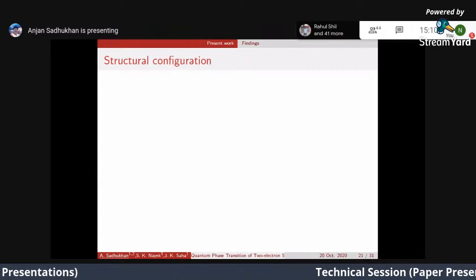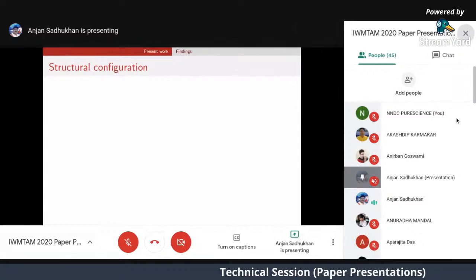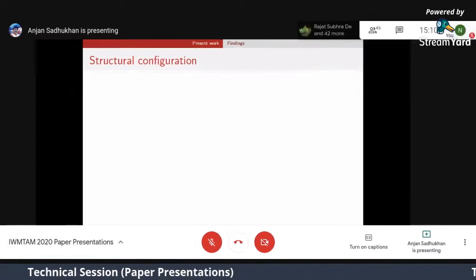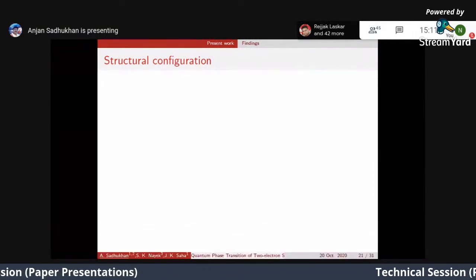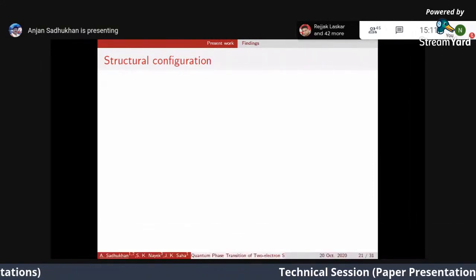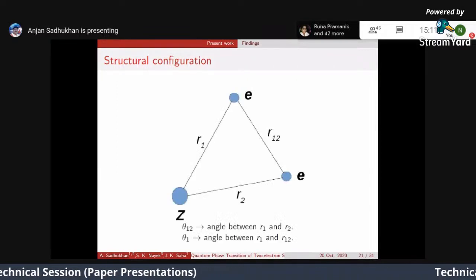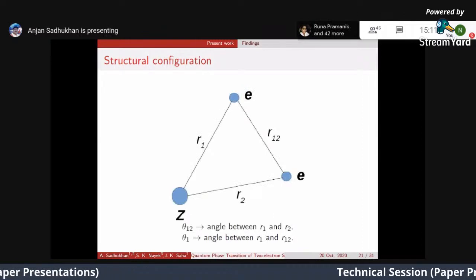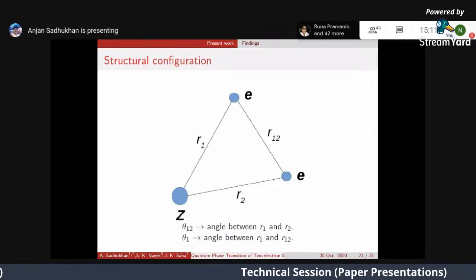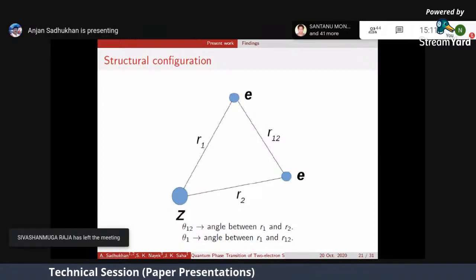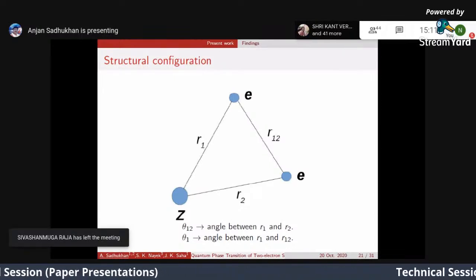Now next, let me discuss the structural changes due to the change in the nuclear charge of the system under the influence of ECSC potential. To define the structural parameters, we may consider the helium-like system as per the schematic diagram, where R1 and R2 represent the distance of the electrons from the nucleus, and R12 is the inter-electronic distance.